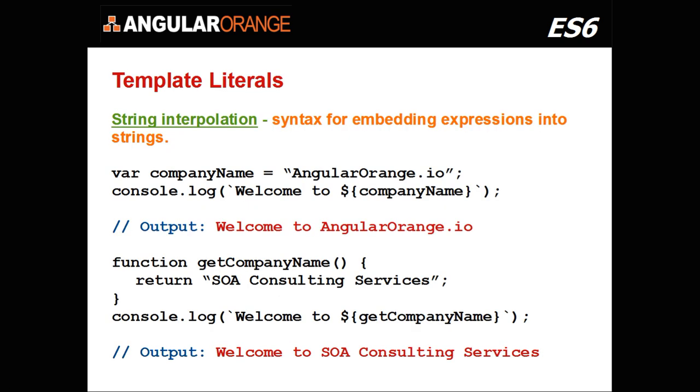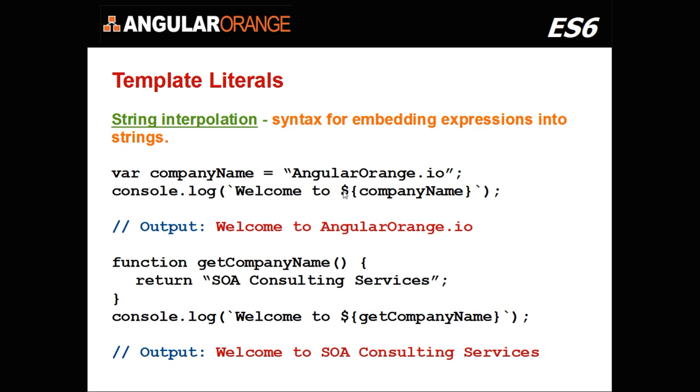Oh, template literals. String interpolation, it's a syntax for embedding expressions into strings. For example, suppose you had a variable company name and you define it to be a string. You could actually log that string using the $ left curly bracket, variable name, right curly bracket.